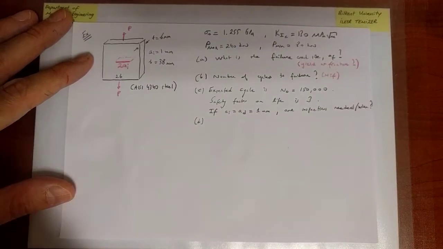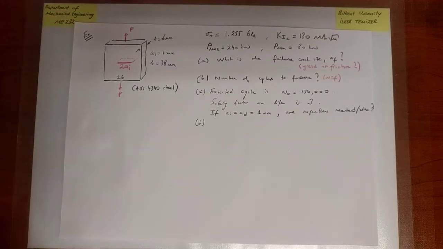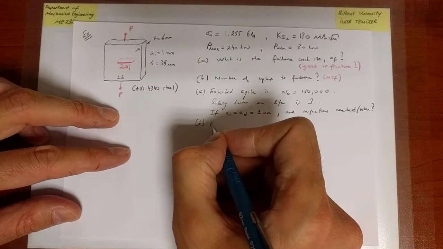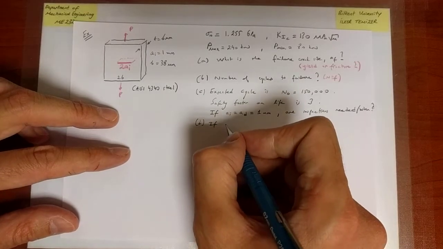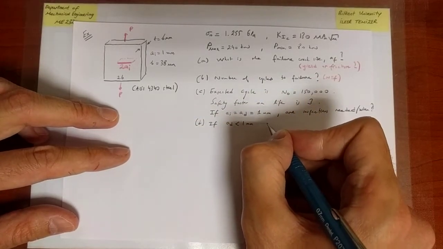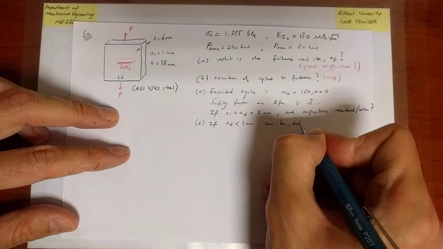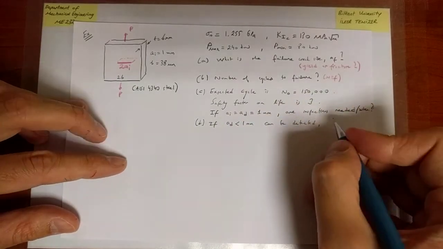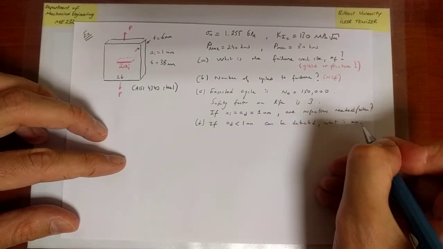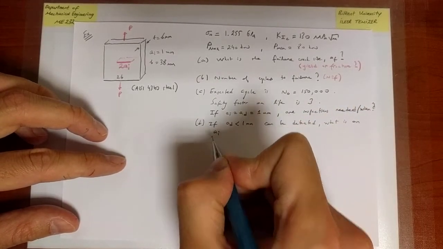You can be sure that essentially you are not going to have any fracture problems. So if AD less than 1 millimeter can be detected, what is an AI?